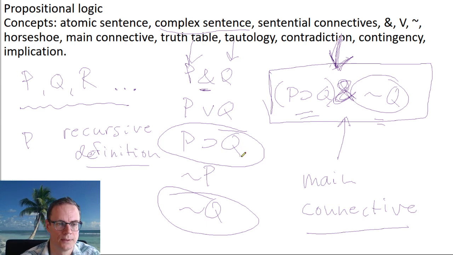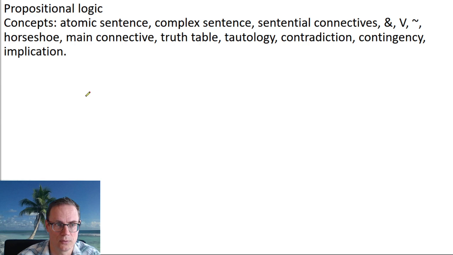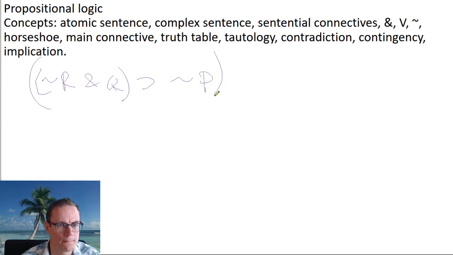All right. So let me give you some examples and then ask you what the main connective is. So suppose I say not R and Q, horseshoe, not B, and not or are or are.